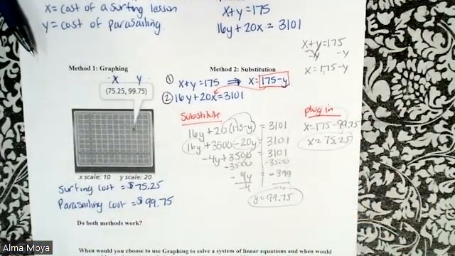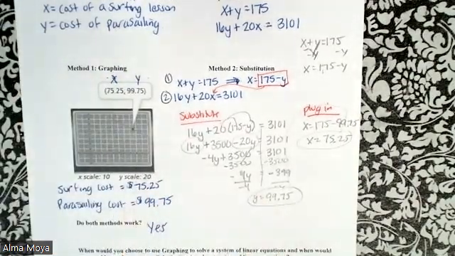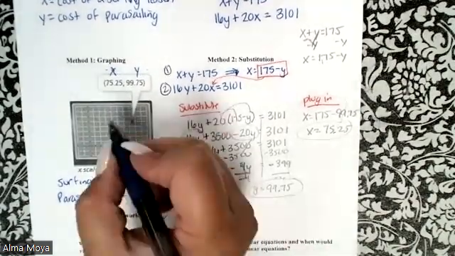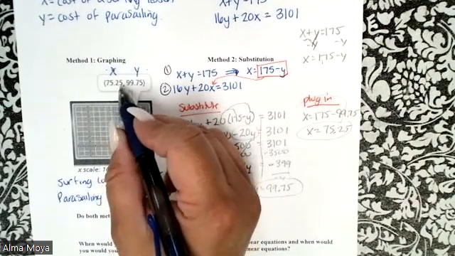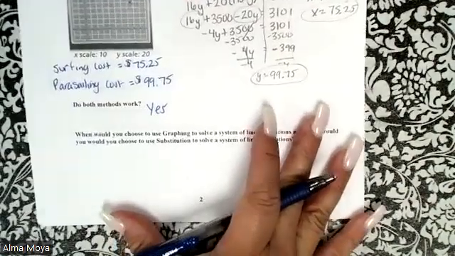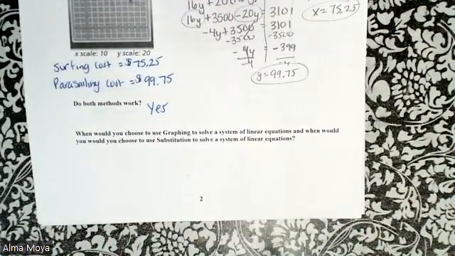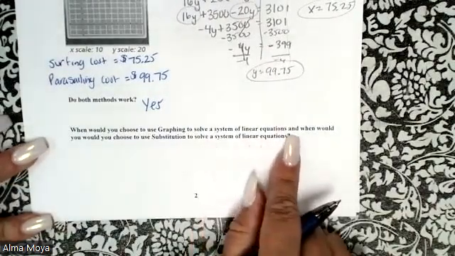So do both methods work? Yes, they do. But imagine from the graph, I couldn't tell that that was .25 and .75. When would you choose to use graphing to solve a system of linear equations?